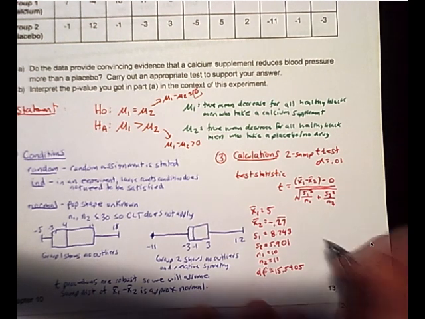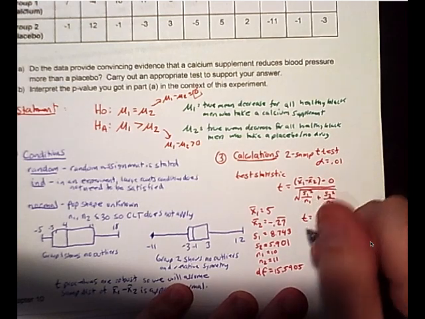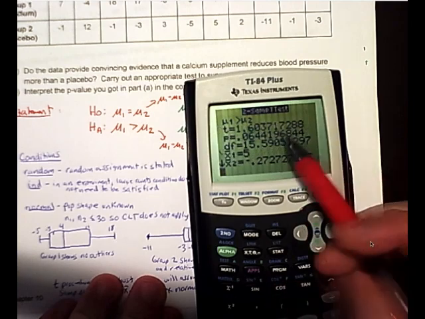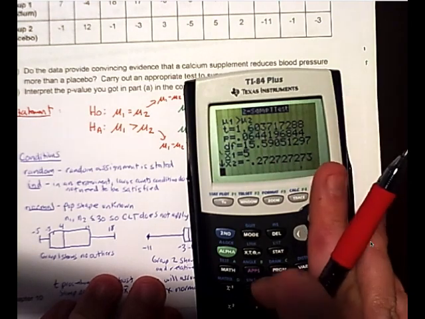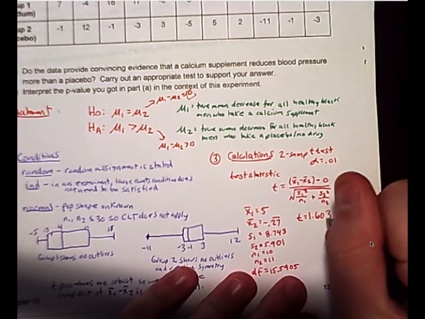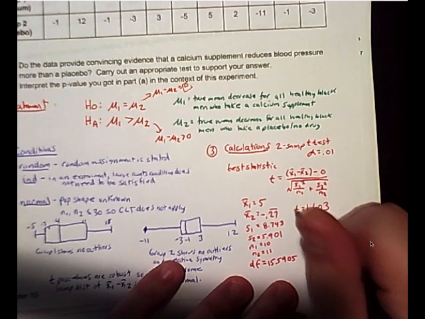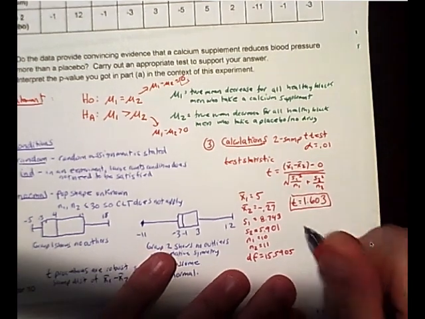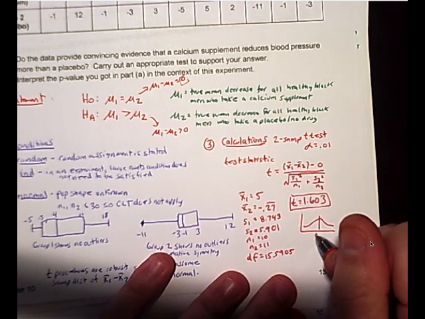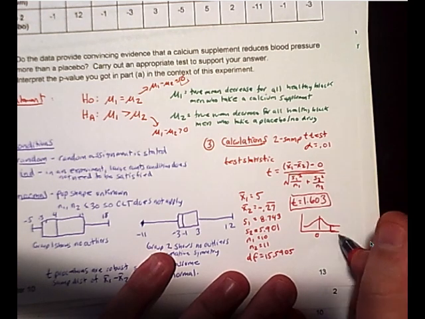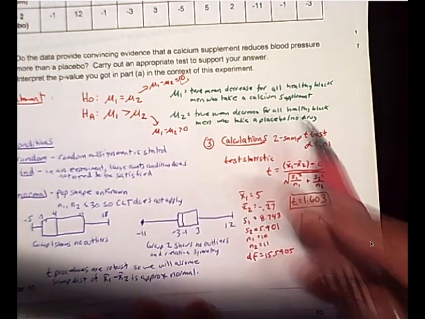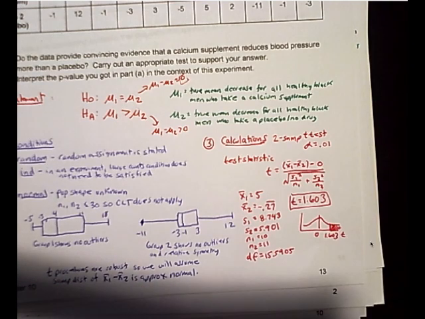Right. So when you do that, let's just stay in the calculator here. It gives you the test statistic. That's right there. That's the 1.603. That's the test statistic. So if you were graphing this t-curve, 0 would be down the center. Your t-value would be 1.603. And based on the alternative hypothesis, you would be shading to the right.